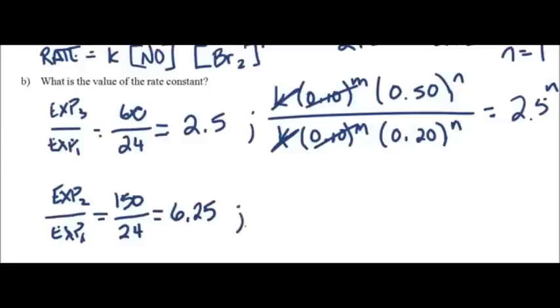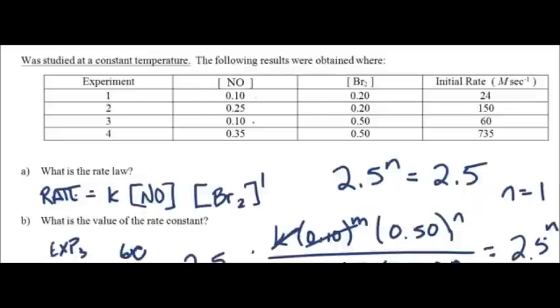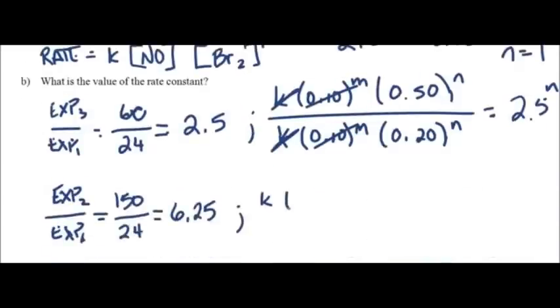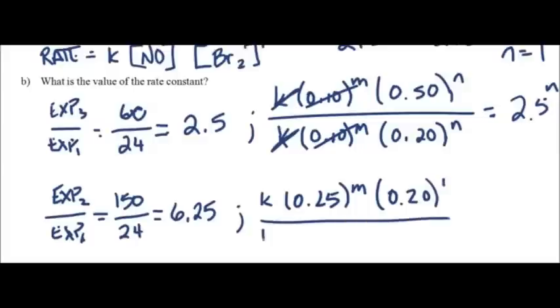Okay. So let's plug in our values there. So in experiment 2, we have concentration 0.25 and 0.2. 0.25, and we don't know what M is yet. And 0.2, and that is a first order reactant.